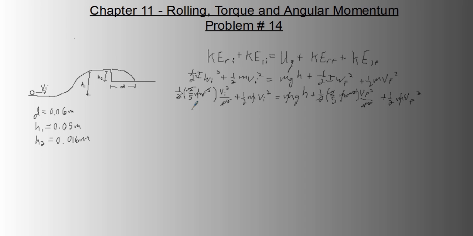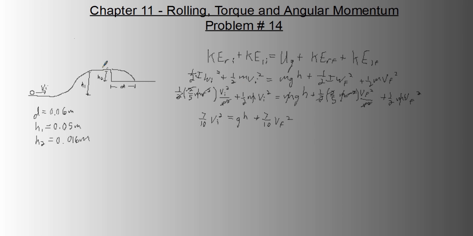So we really got 1/5 vi squared plus 1/2 vi squared, and that simplifies to 7/10 vi squared equals gh, and then again 1/5 plus 1/2 is 7/10 v final squared.